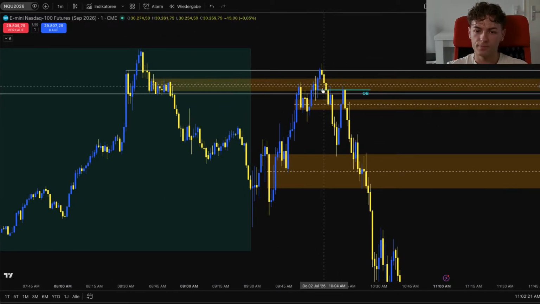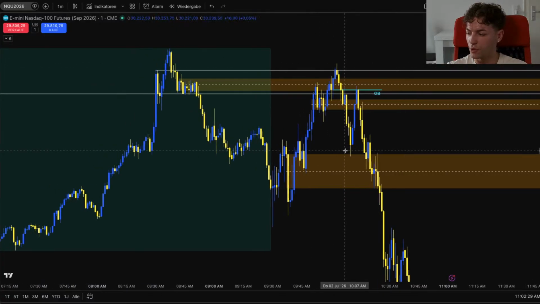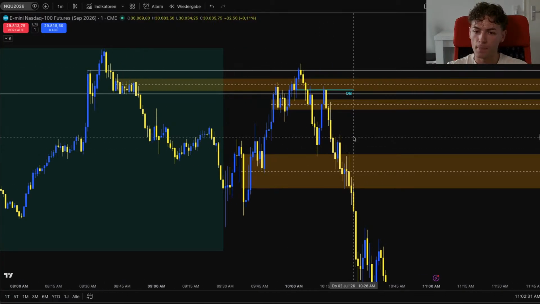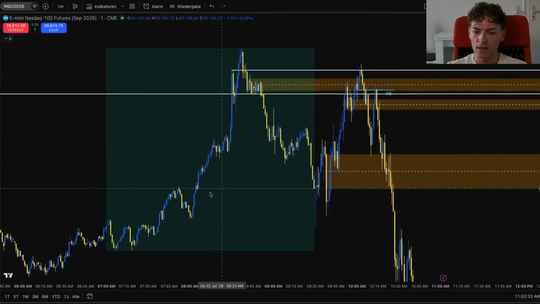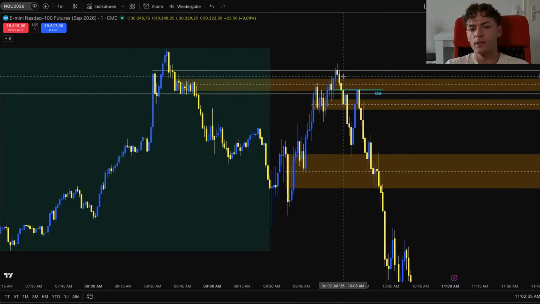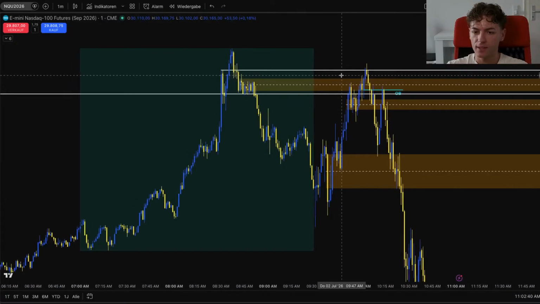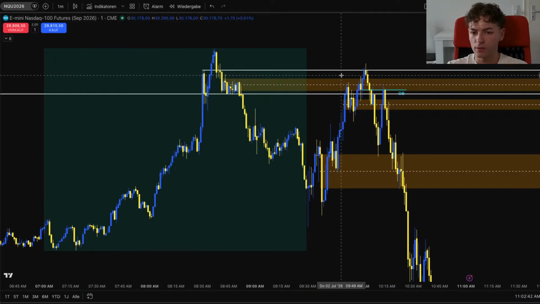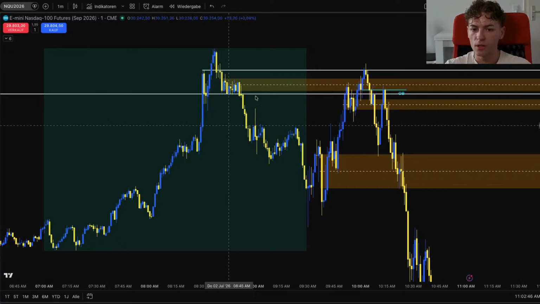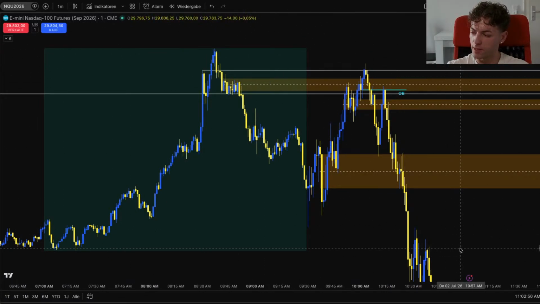You should have taken or could have taken a short after this high, but ICT says whenever you have relatively equal highs and relatively equal lows, it's not high probability. He said that because if you're a beginner, you should stick to that rule. Whenever you have relatively equal highs and relatively equal lows, don't take a trade. Wait for one of these sides to get taken out and aim for the opposite side.